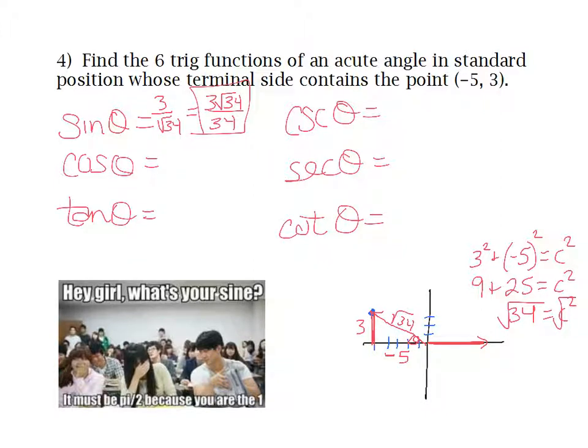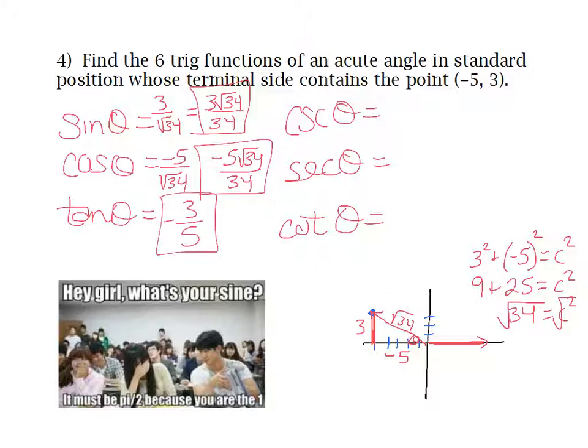The cosine is going to be the adjacent over the hypotenuse. And again, I'm going to have to rationalize. It's going to end up being a negative 5 root 34 over 34. And tangent is going to be opposite over adjacent, negative 3/5.